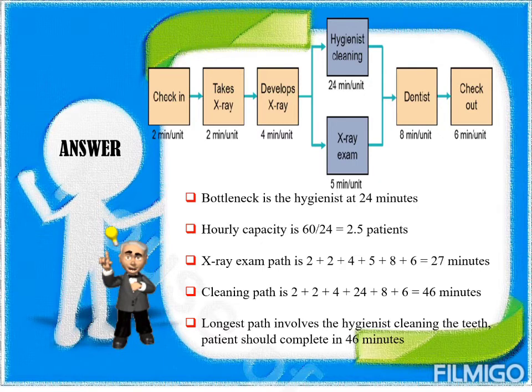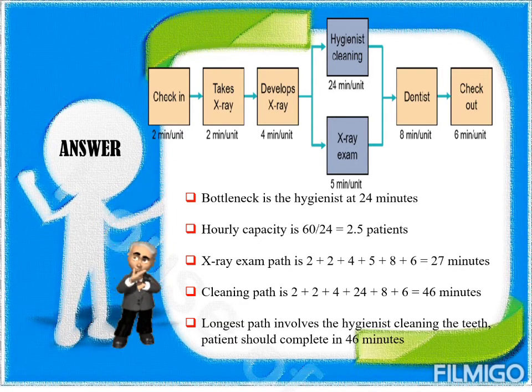Okay, now from path A and path B, we can name them the X-ray exam path and the hygienist cleaning path, because the hygienist cleaning and X-ray exam make this process split into two pathways.